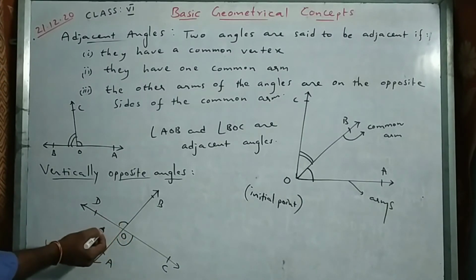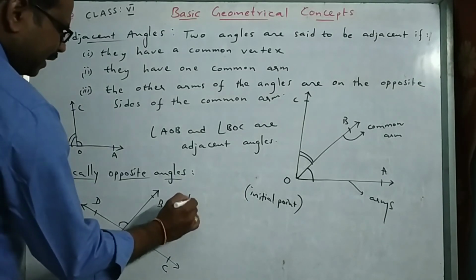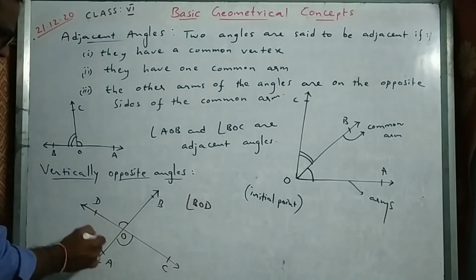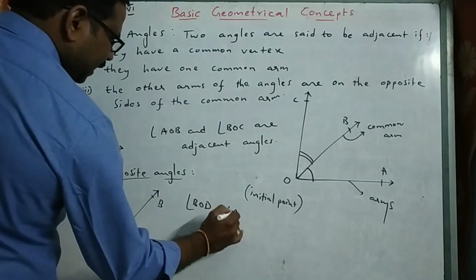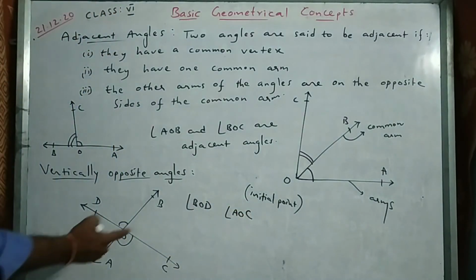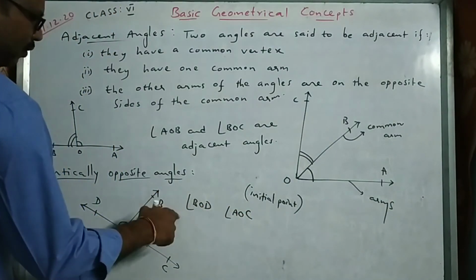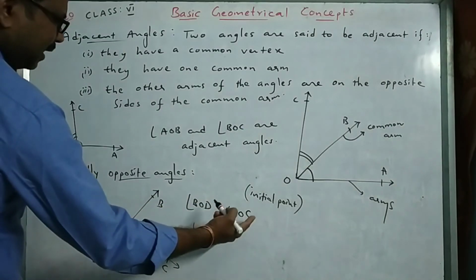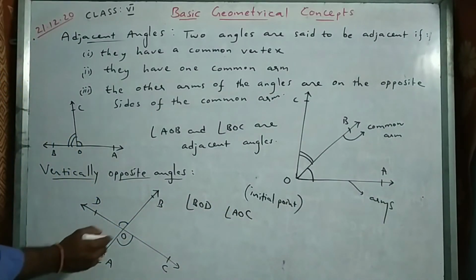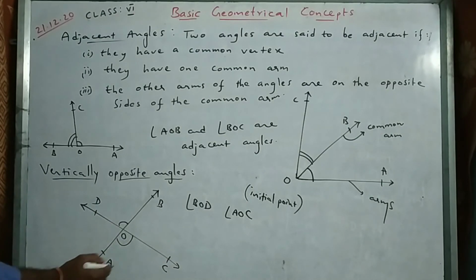Vertically opposite angles. Angle BOD and angle AOC or COA, no problem. Angle BOD or DOB, angle AOC or COA, both are same. These are vertically opposite angles and their measures are always equal.